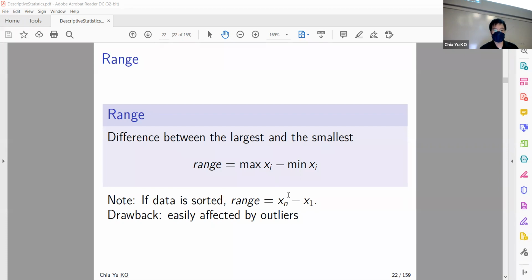Again, it has the same flavor as the mean. If the largest value is very large and the smallest very, very small, the range will basically overestimate the dispersion of the data, because you would be really expanding the scope.